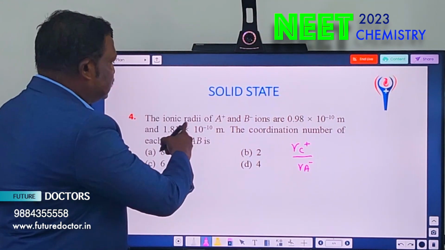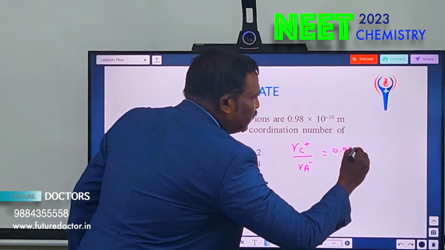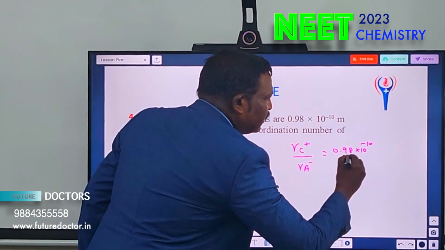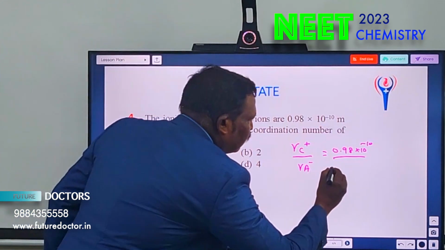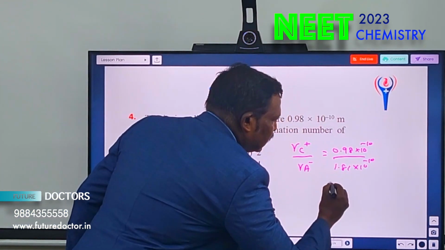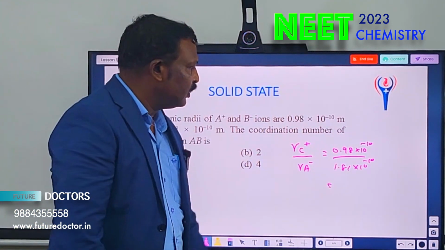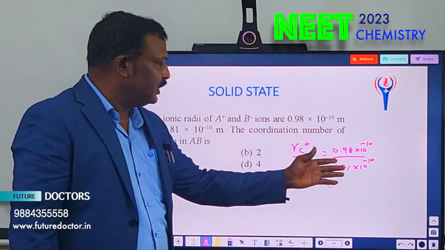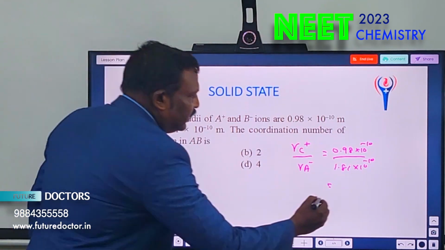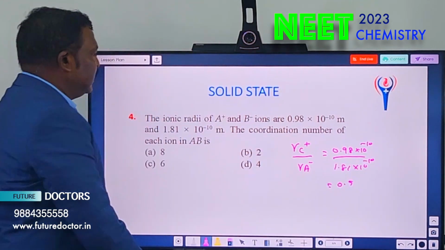We get 0.98 into 10 power minus 10 by 1.81 into 10 power minus 10. The powers cancel, so we get 0.98 by 1.81, which is approximately 0.5 something. Nearly 0.5.